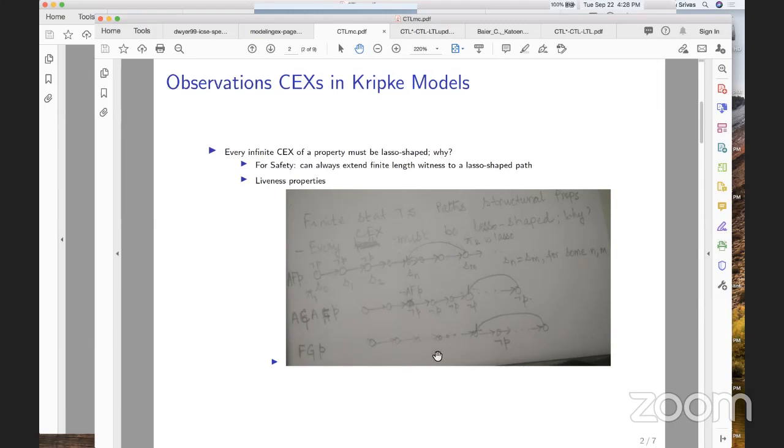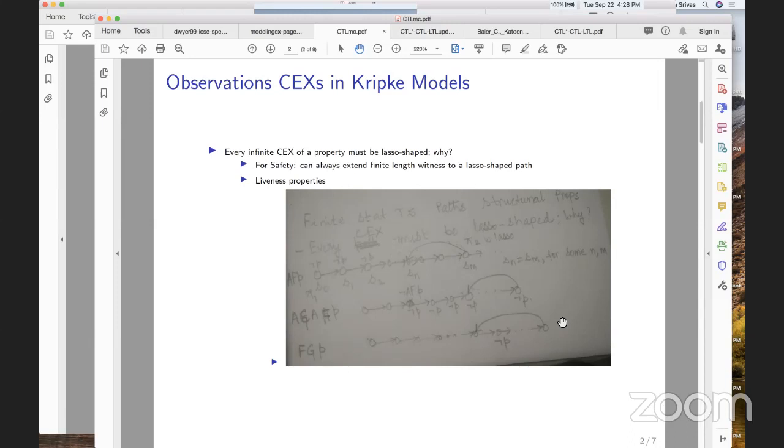As you can see, the length of this pre-tail, the head here, can be different for different formulas, but you can always find a counterexample that is shaped in this fashion.